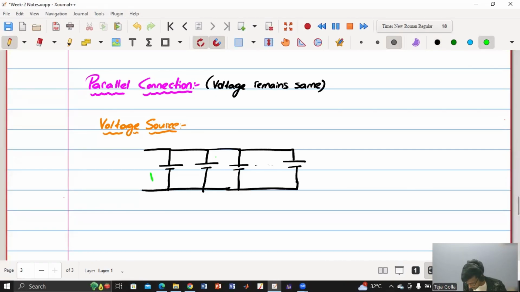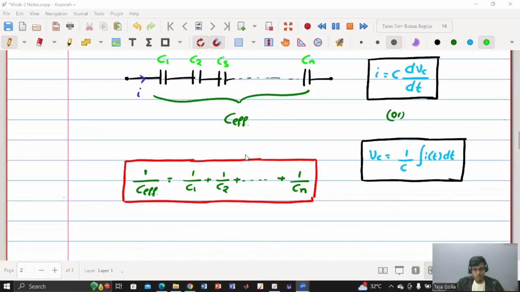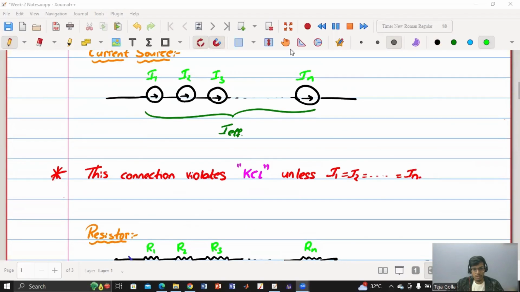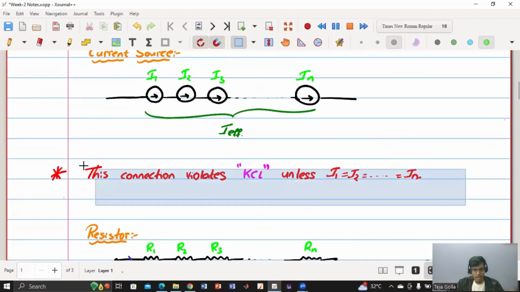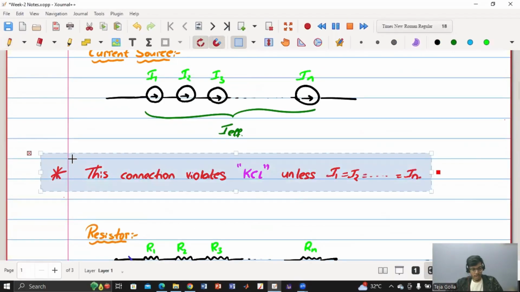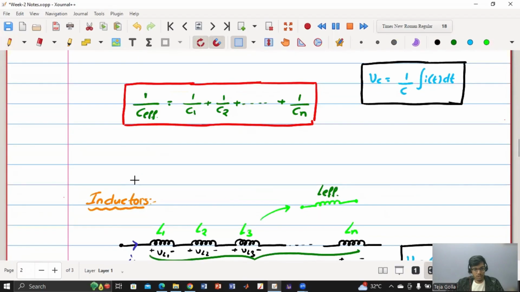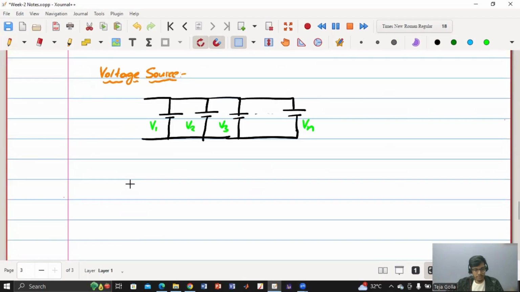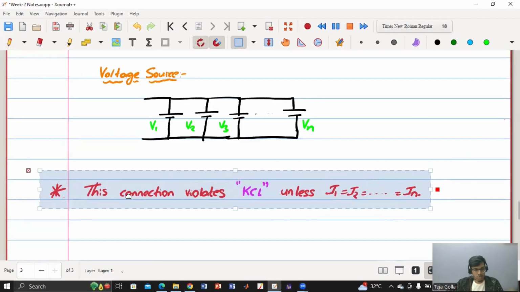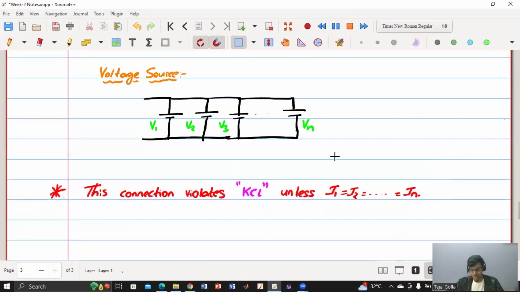Anyone? If I connect voltage sources in parallel and they are not the same, it violates KVL, sir. Yes, you are absolutely correct. Until V1, V2, V3 up to Vn are the same, you cannot do this because it will violate KVL. So this connection violates KVL.